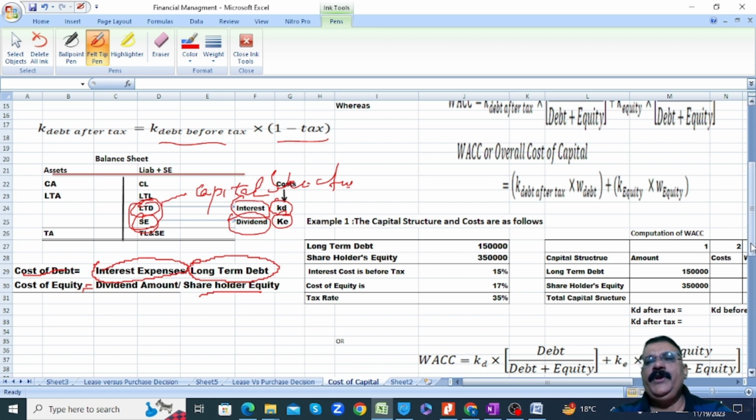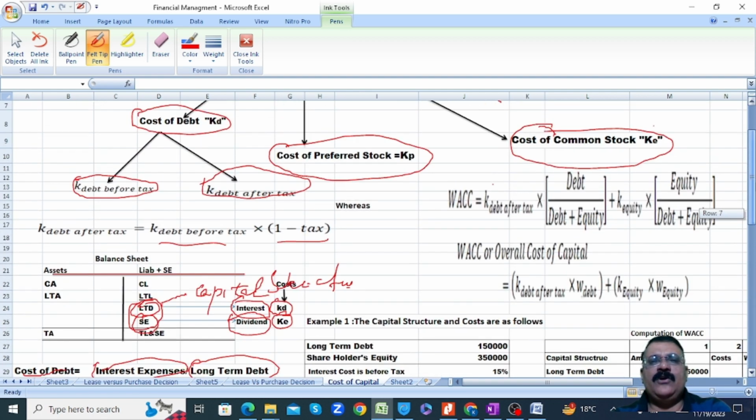ओके, we know that weighted average cost of capital is equal to, अगर हमारे पास कॉस्ट ऑफ इक्विटी है, दो ही तरह के लॉन्ग टर्म फंड्स हैं, डेट है, लॉन्ग टर्म डेट है, और शेयर होल्डर्स कॉमन शेयर होल्डर्स हैं, प्रेफर्ड स्टॉक अगर नहीं है, तो हम सिंपली इन दोनों का जो है वो वेटेड एवरेज कॉस्ट ऑफ कैपिटल, कॉस्ट ऑफ डेट आफ्टर टैक्स मल्टीप्लाई डेट ओवर डेट प्लस इक्विटी, ये बेसिकली वेट ऑफ डेट कंप्यूट किया गया है.